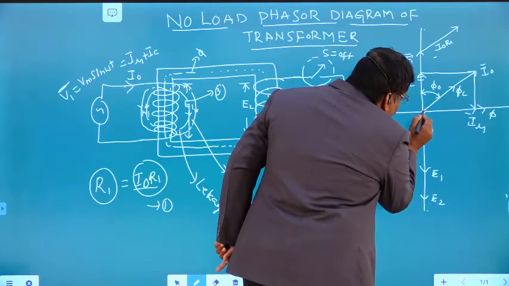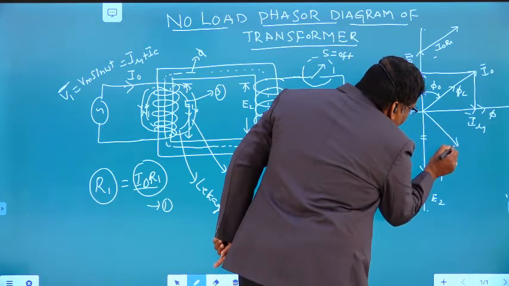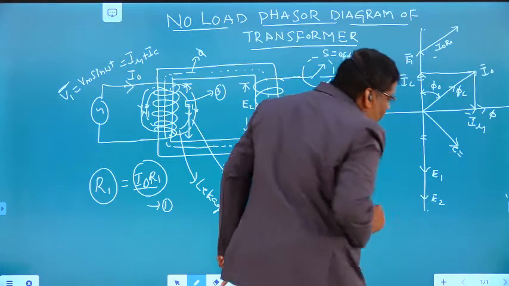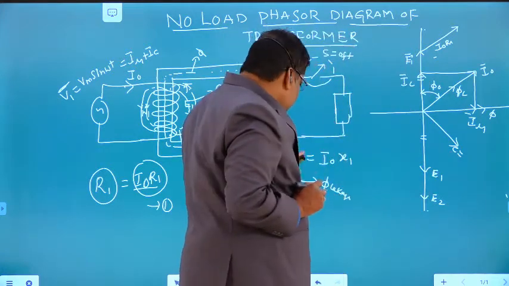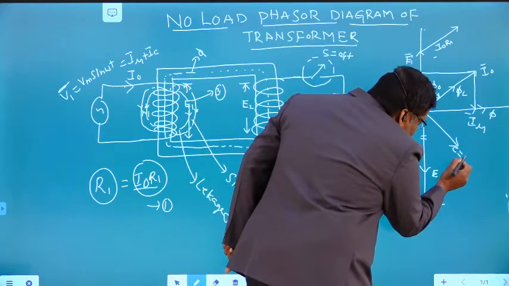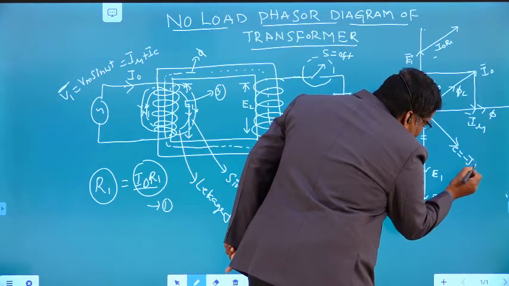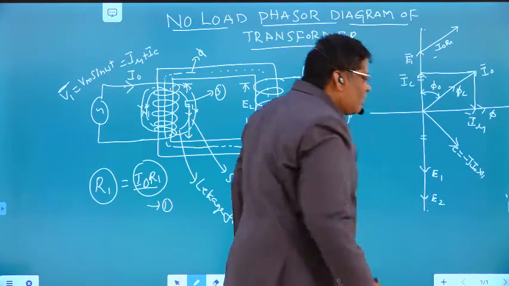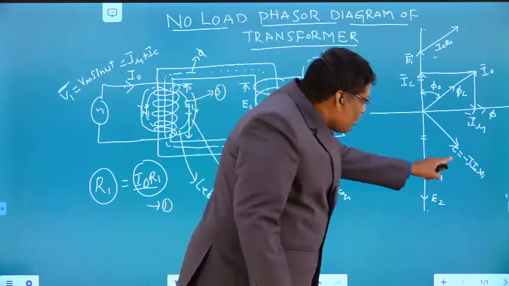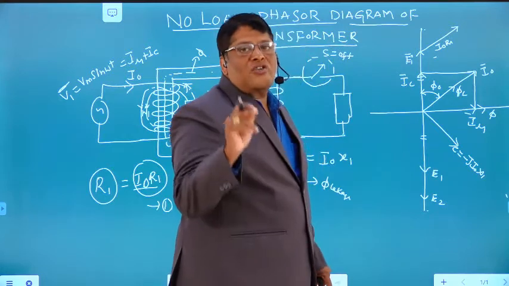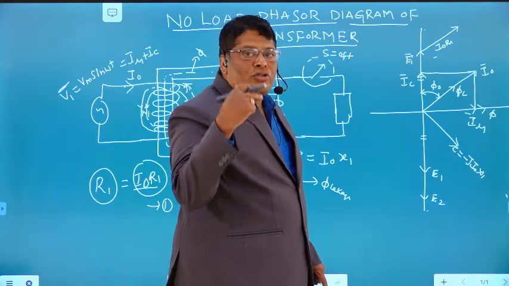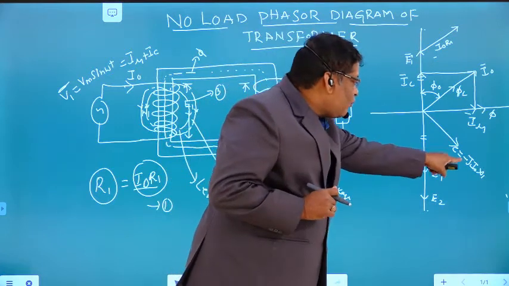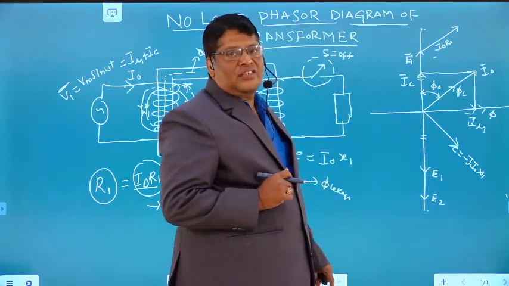So here you have to draw one phasor, that is E equal to minus j I naught X1. Why are we putting the minus j? Because j is an operator which produces a phase shift of 90 degrees, but here it is lagging, that's why we are keeping a minus.